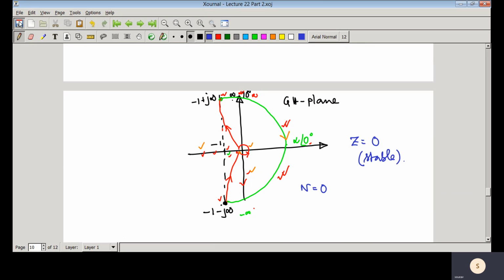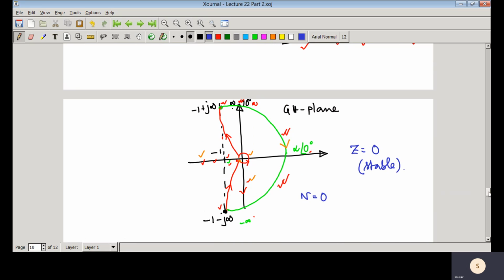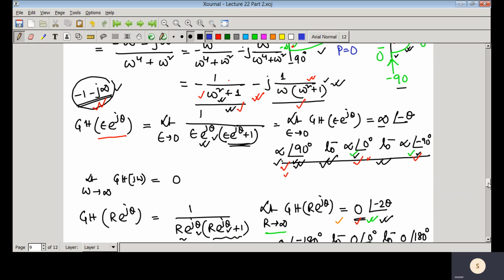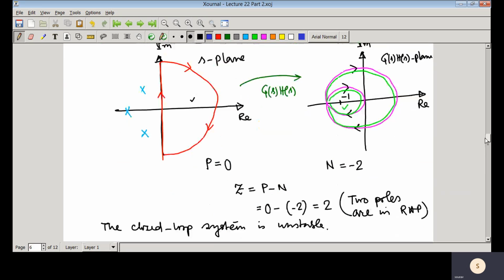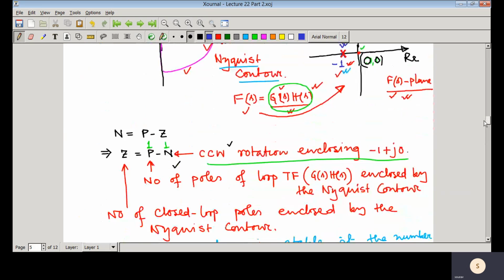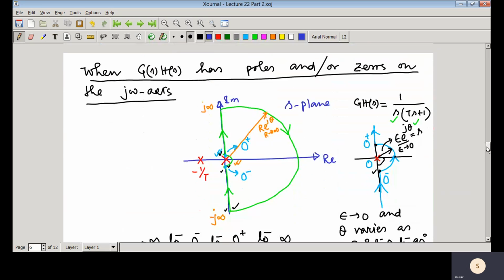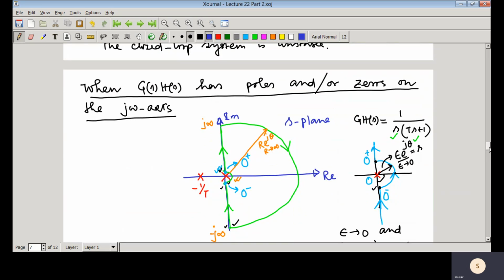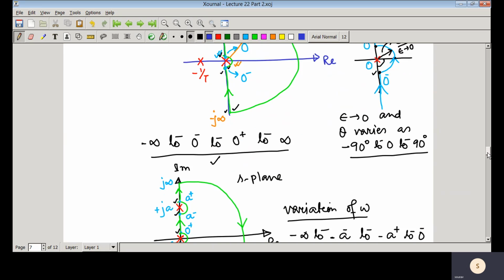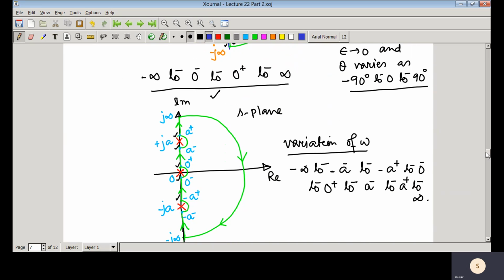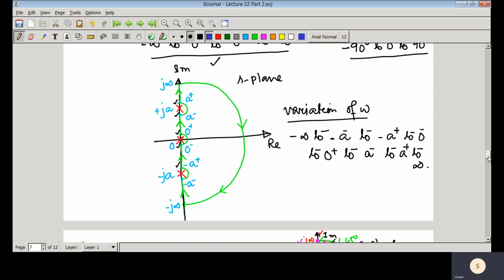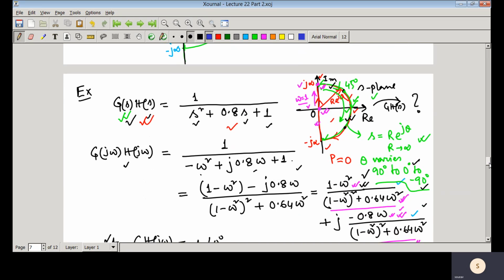So what we have discussed in this particular lecture, that means what is the Nyquist stability criteria, n equal to p minus z, and particularly we have learned how to draw that Nyquist plot. So Nyquist plot means it is just a mapping of that Nyquist contour, and we have considered two cases.